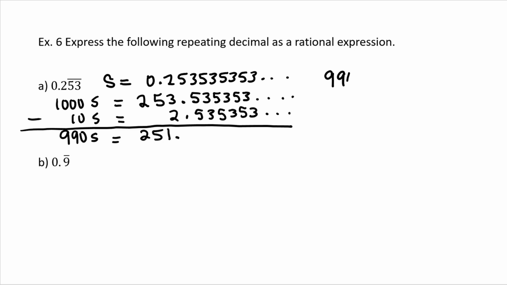So 990 times S is equal to 251, and when you solve for the sum, you get 251 divided by 990. That is the rational form of the repeating decimal 0.253 repeating.